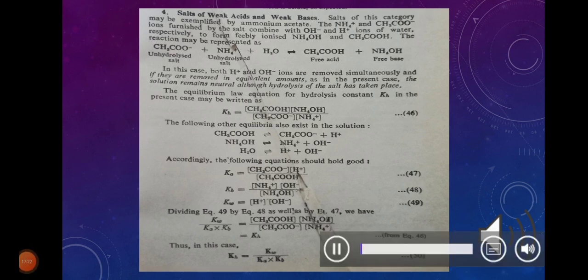Now the salt of weak acids and weak bases, hydrolysis of weak acid and weak base. A salt of this category is ammonium acetate. The ammonium and acetate ions furnished by the salt combine with OH minus ion and H plus ions of the water to form feebly ionized ammonium hydroxide and acetic acid.